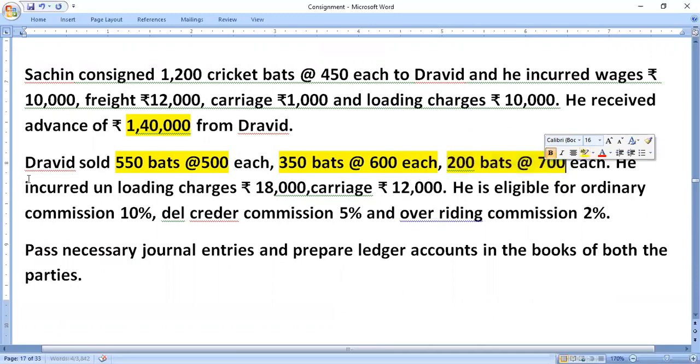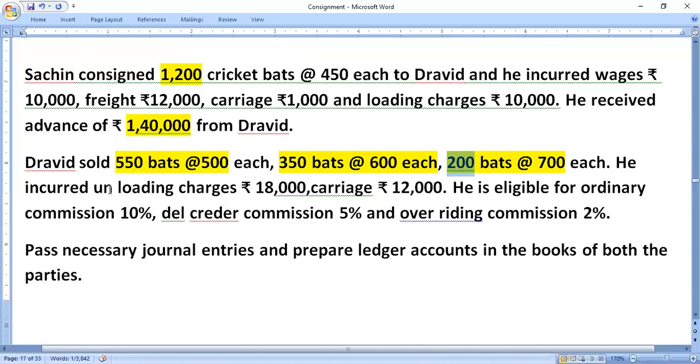The total sales: 550 plus 350 is 900, then 200 is 1,100 bats. Out of 1,200 bats, 1,100 were sold, which means 100 bats are unsold. That's why we are going to calculate the closing stock.